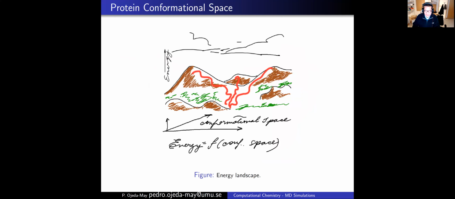Previously we saw the conformational space, and imagine that you want to monitor some property in this valley, for instance, the number of trees.